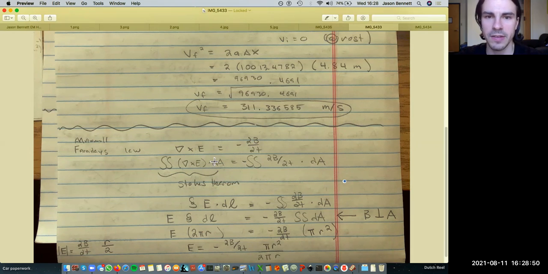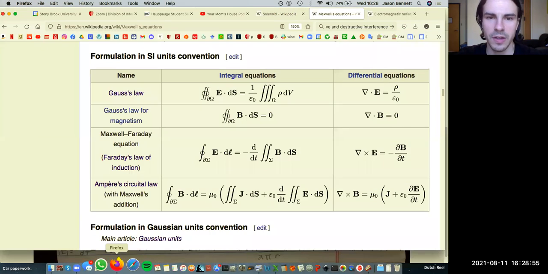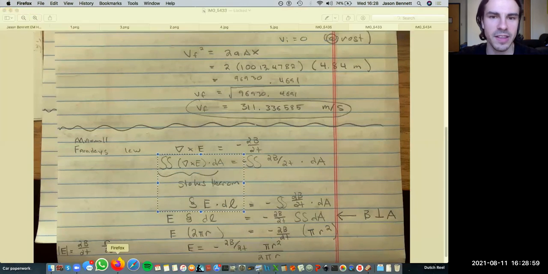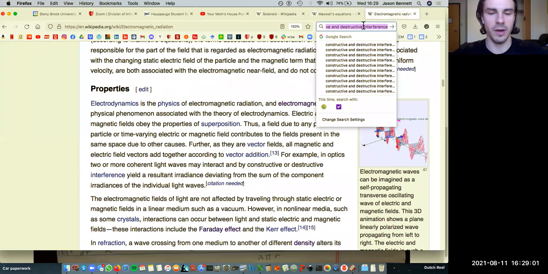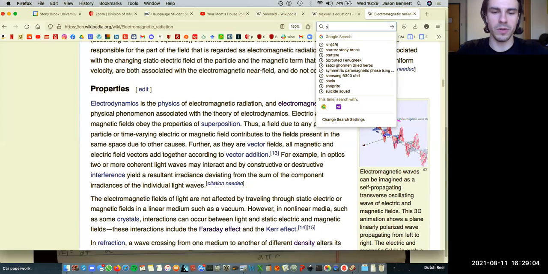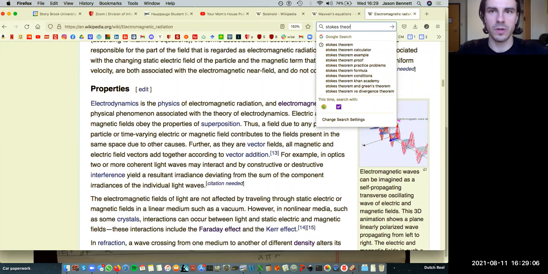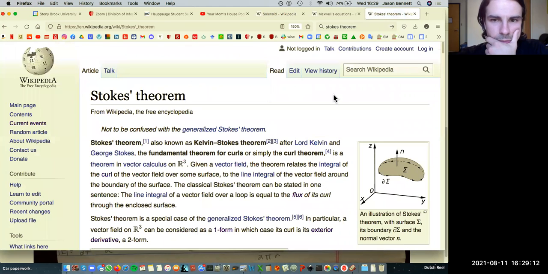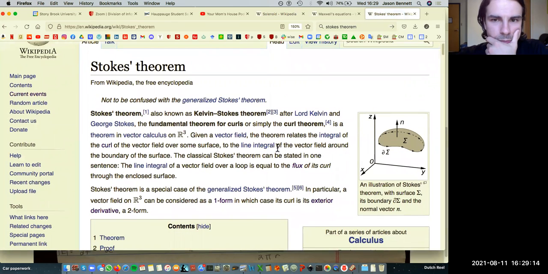And what I do on the left-hand side is use something called Stokes' theorem, which, if I look it up, it'll just say that if you integrate something over an area, it's equal to... I don't know the exact proof, I can't prove it.